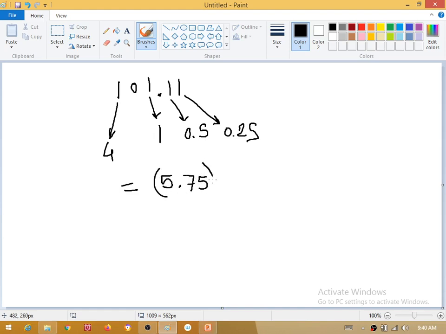This number now is a decimal number. The number given to you was a binary number. So this is basically the meaning of unsigned representation. Okay. Now similarly, let's look at the other two.